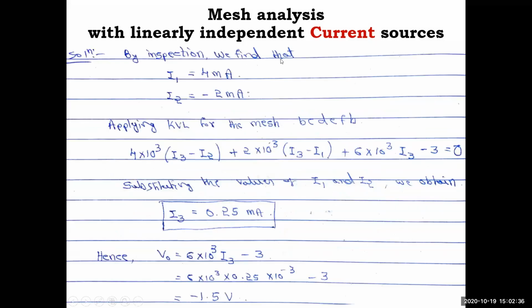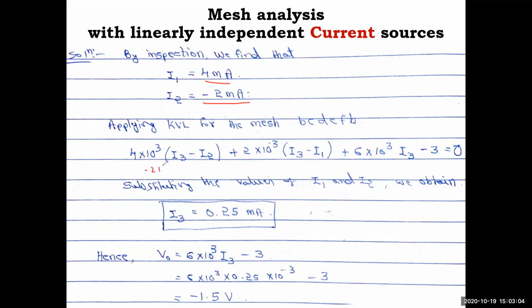So by inspection, we find that I1 equals 4 milliamps. I showed you how I got 4 milliamps, and how we got I2 equal to minus 2 milliamps. Okay, so you have to analyze it carefully. Then the third equation, we have written the mesh equation. Here KVL is applied and written, not simplified, because there is no need, since a calculator is anyhow not required. But in case you feel it is better, go for that equation only.